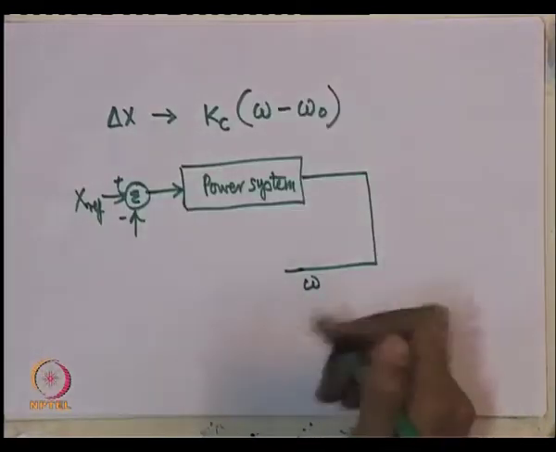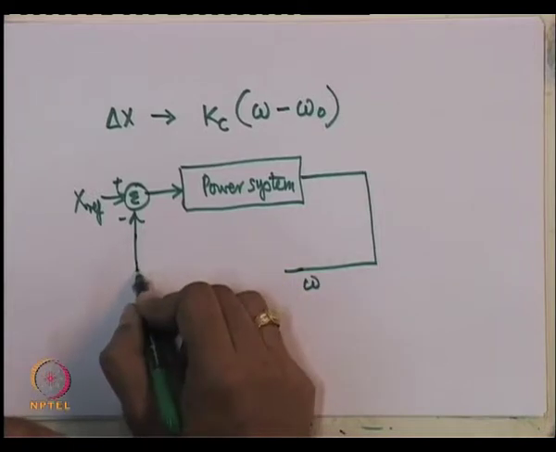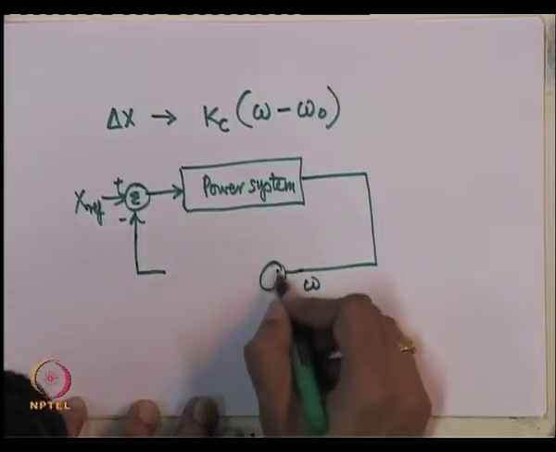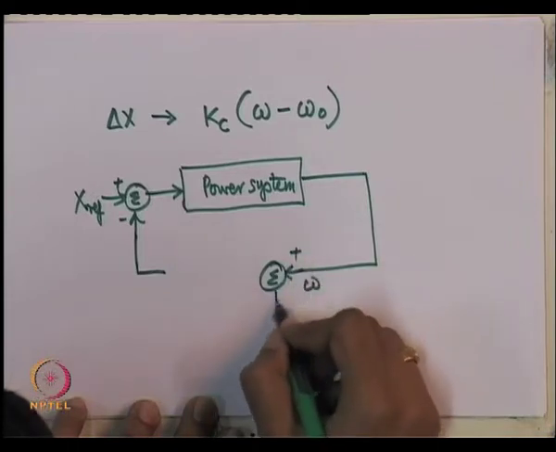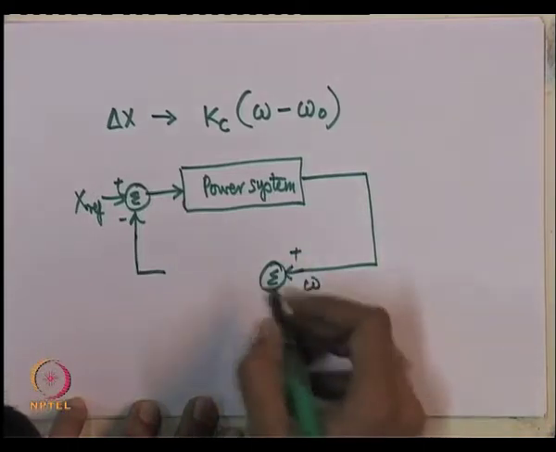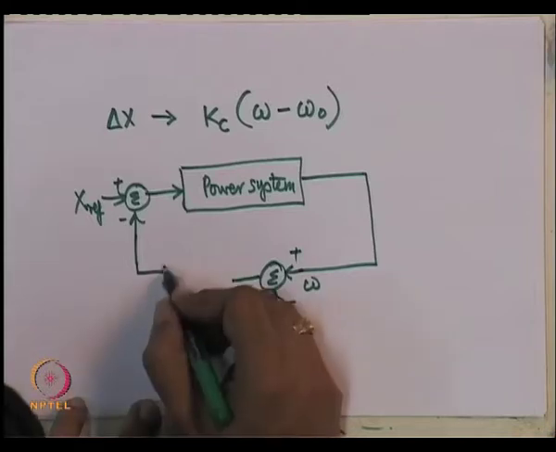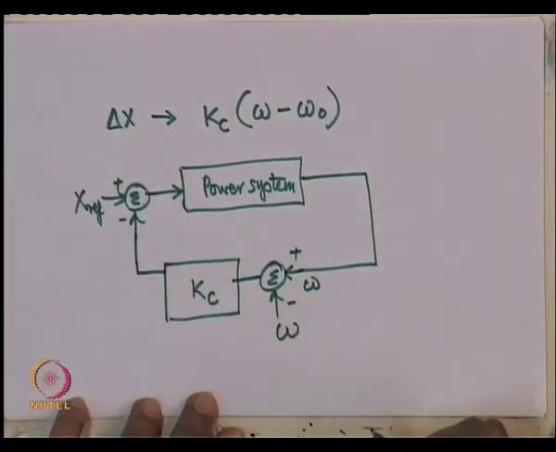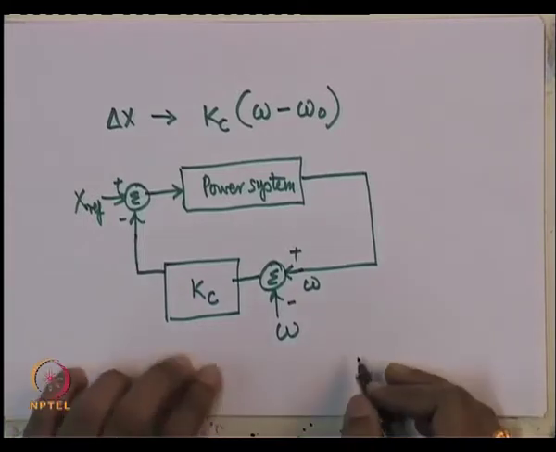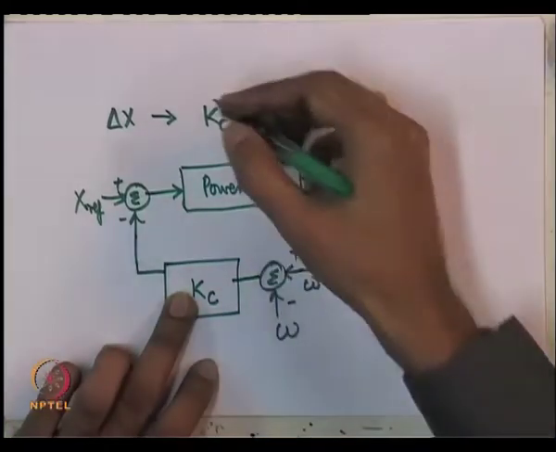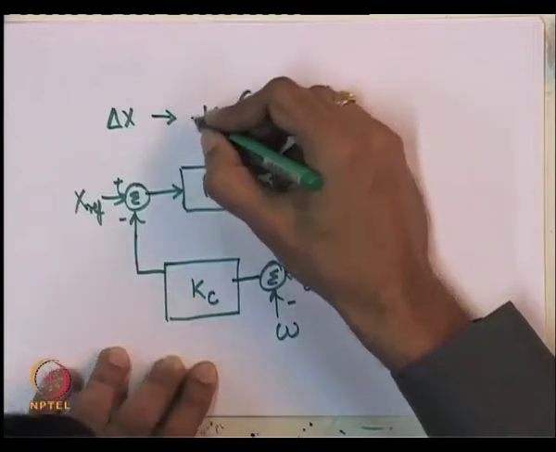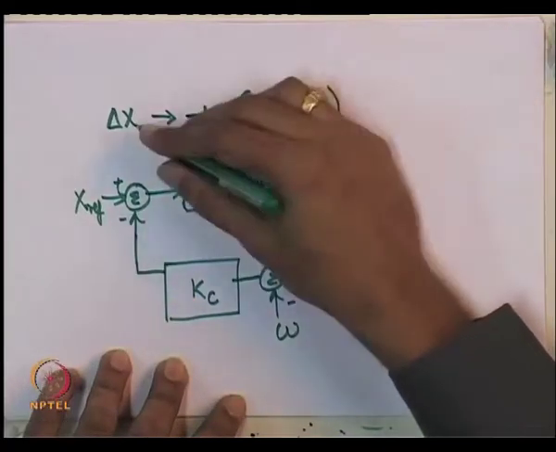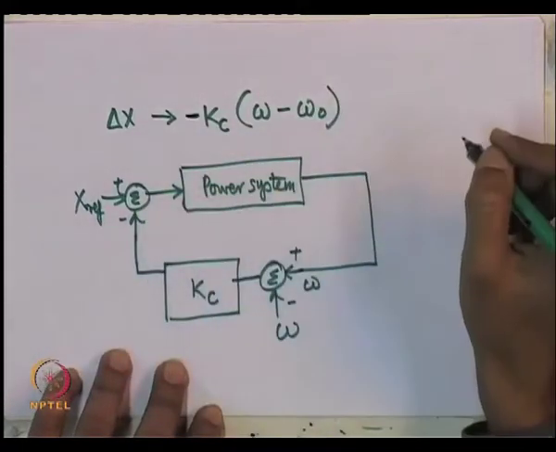So I have taken this reactance and simply have a gain Kc, and delta x is changed according to this.